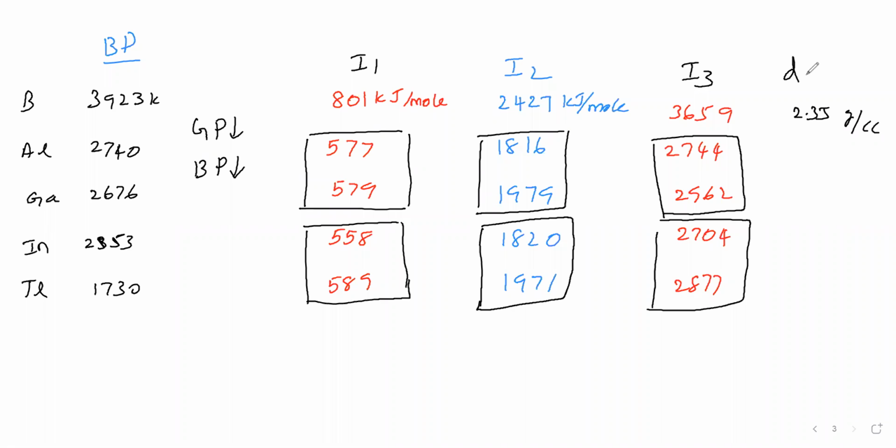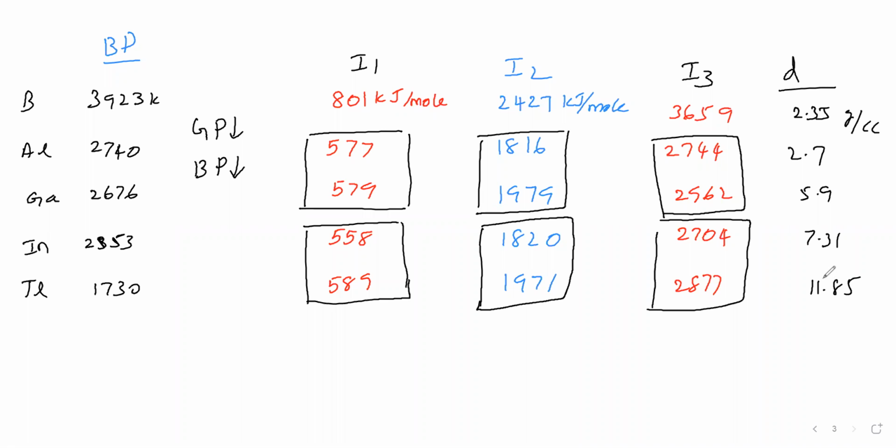Aluminum 2.70. Next, gallium 5.9. Then indium 7.31. Then thallium 11.85.